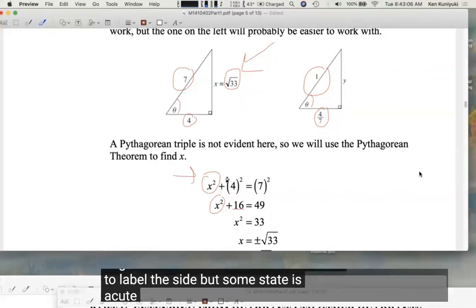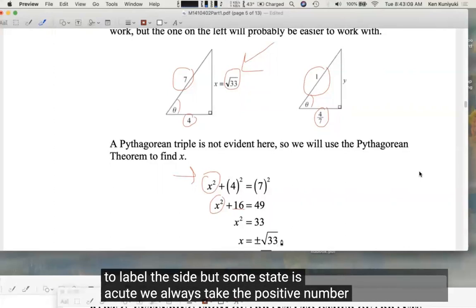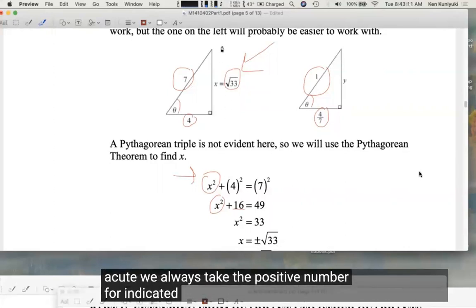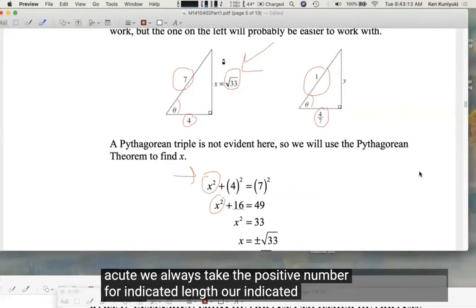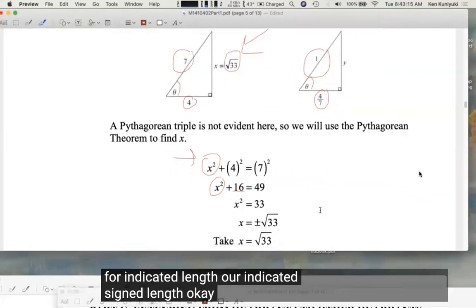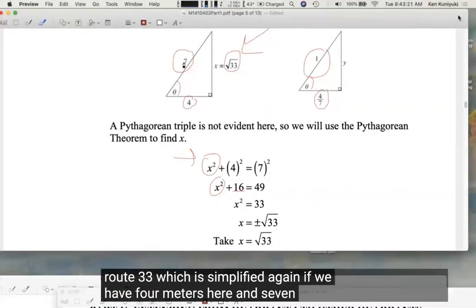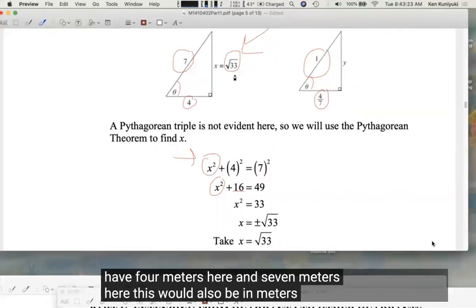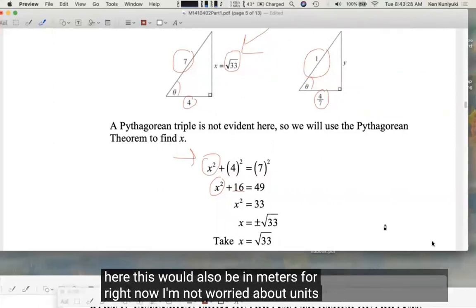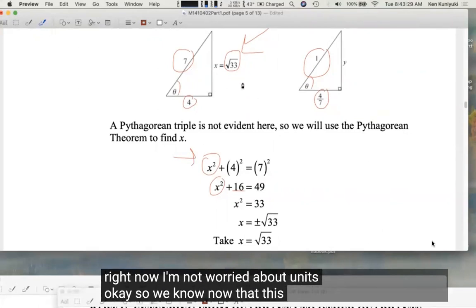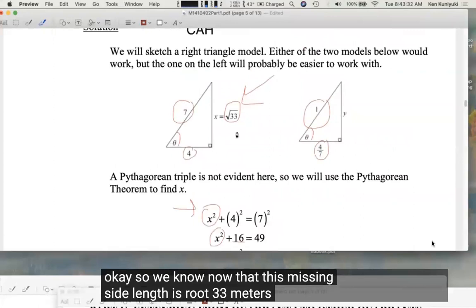But since theta is acute, we always take the positive number for our indicated signed length. So x equals root 33, which is simplified. Again, if we have 4 meters here and 7 meters here, this would also be in meters. For right now, I'm not worried about units. So we know now that this missing side length is root 33.